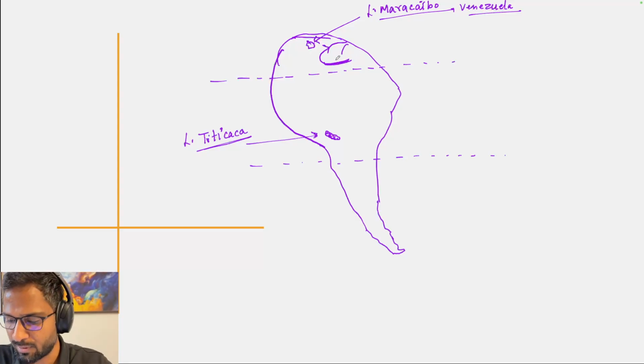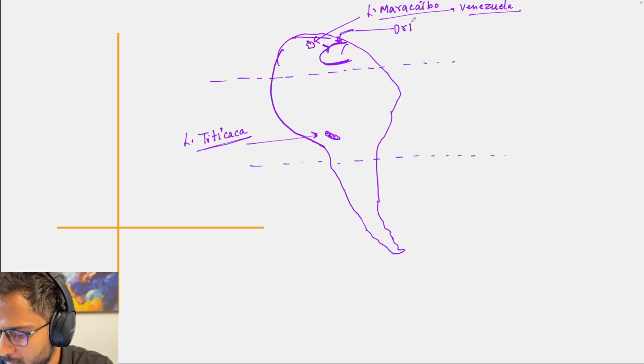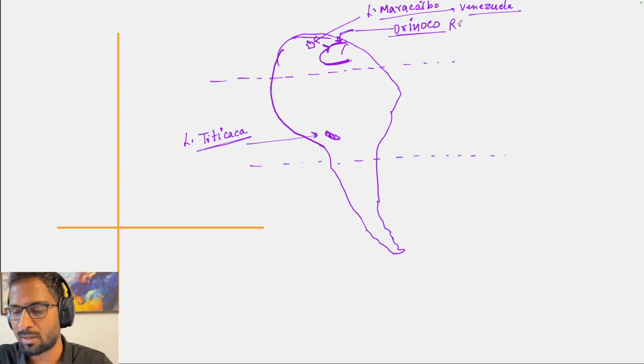The Orinoco River originates near this Guyana Highland, flows westward, and then ultimately moves towards the right and finally drains into the Atlantic Sea. So this is Guyana Highland and this river is Orinoco. Orinoco River flows through Venezuela and Colombia.